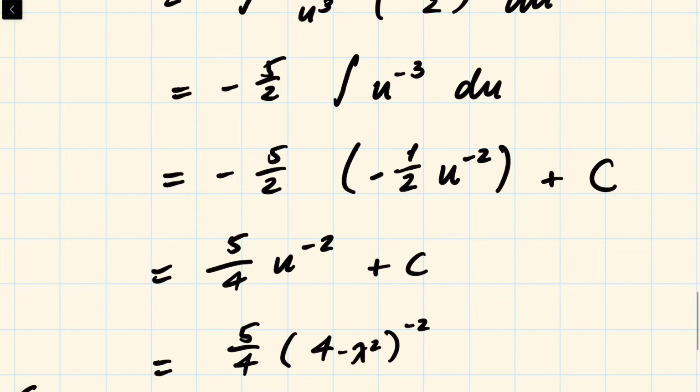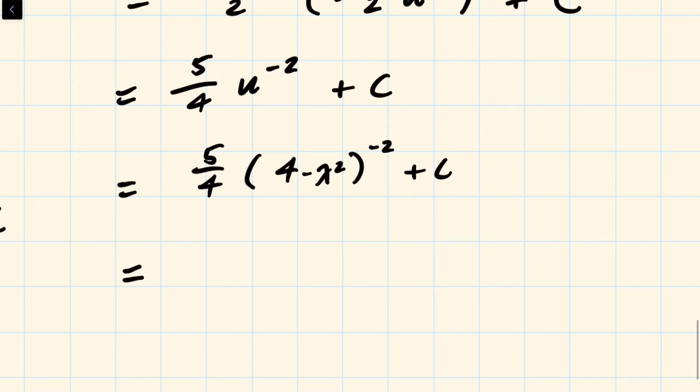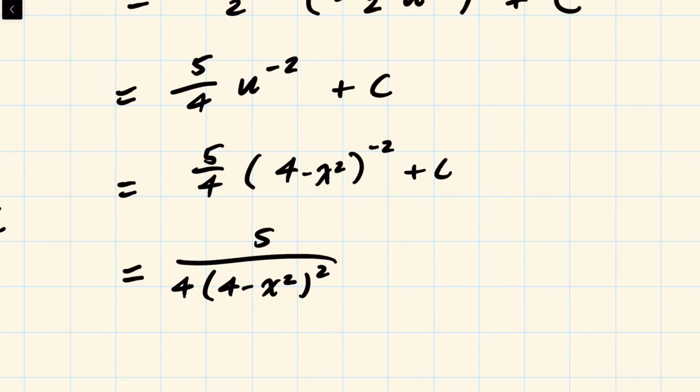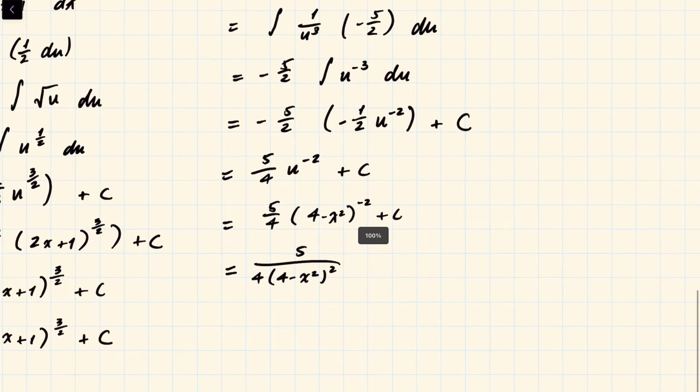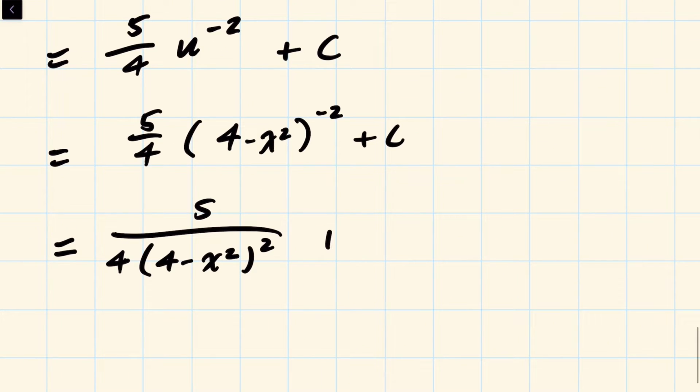And we can rewrite this again now as 5/4 times 4 minus x squared all squared, in the denominator, changing it from negative to positive, plus c. And I suppose I've got time for one more.